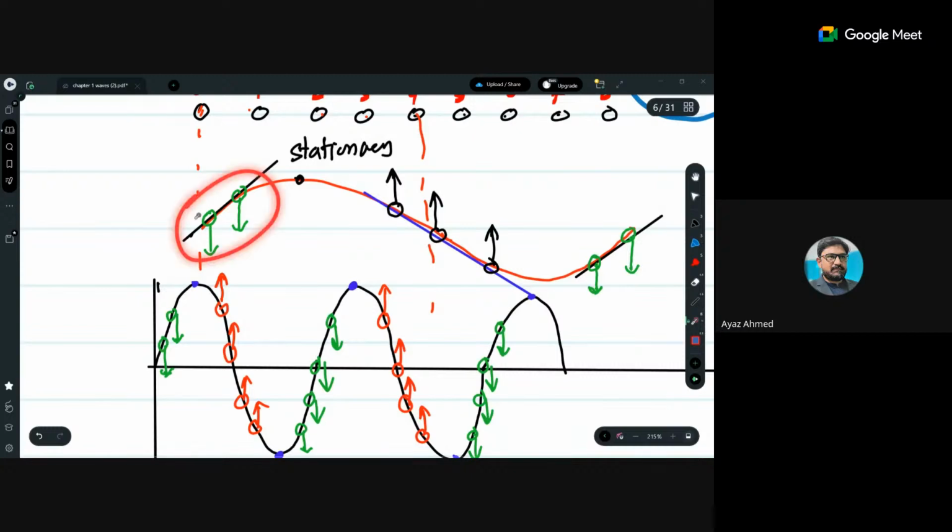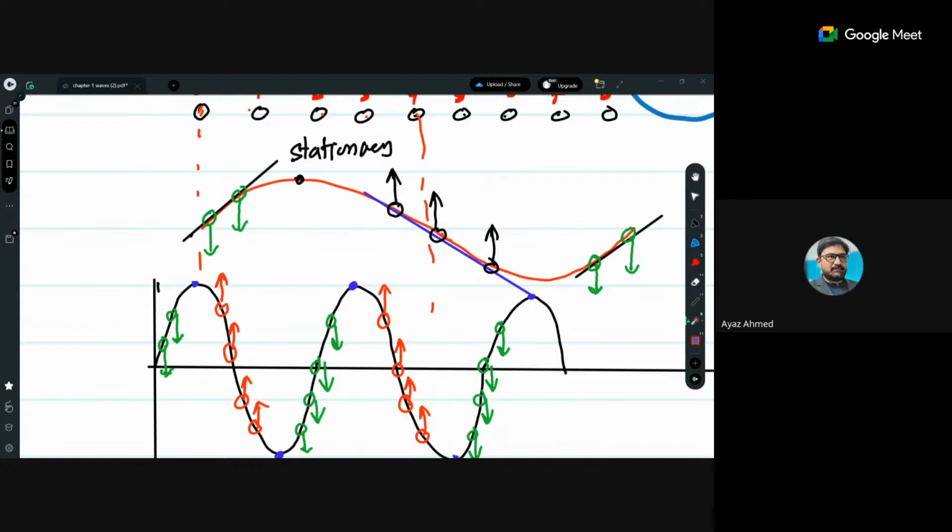In all those parts in which the wave has a positive slope, or an upward slope, the particles after being disturbed move in the downward direction; their direction vector is downward. And in all the parts of the wave in which the particles were shifted downwards from the equilibrium position, they will try to come back to the equilibrium position.